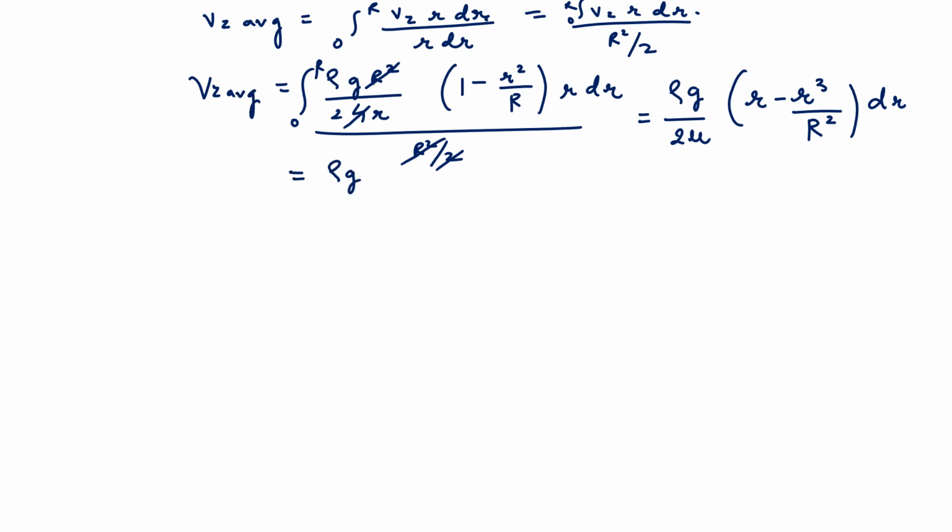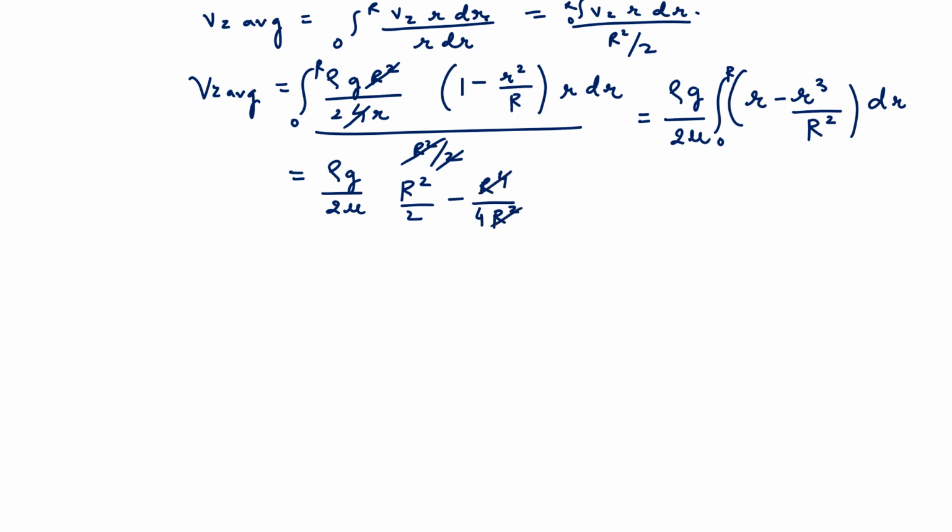Now rho g upon 2 mu, putting integration 0 to R, r square upon 2 minus r to the power 4 upon 4 R square.